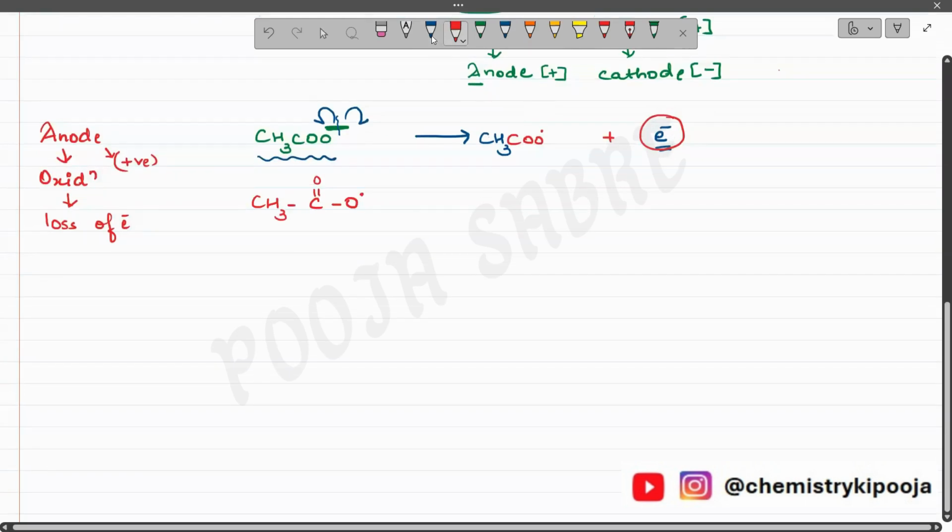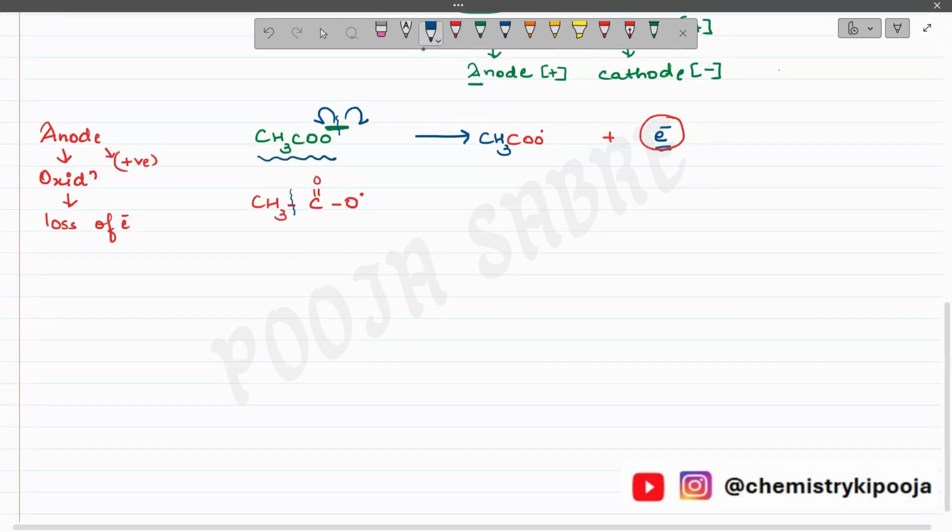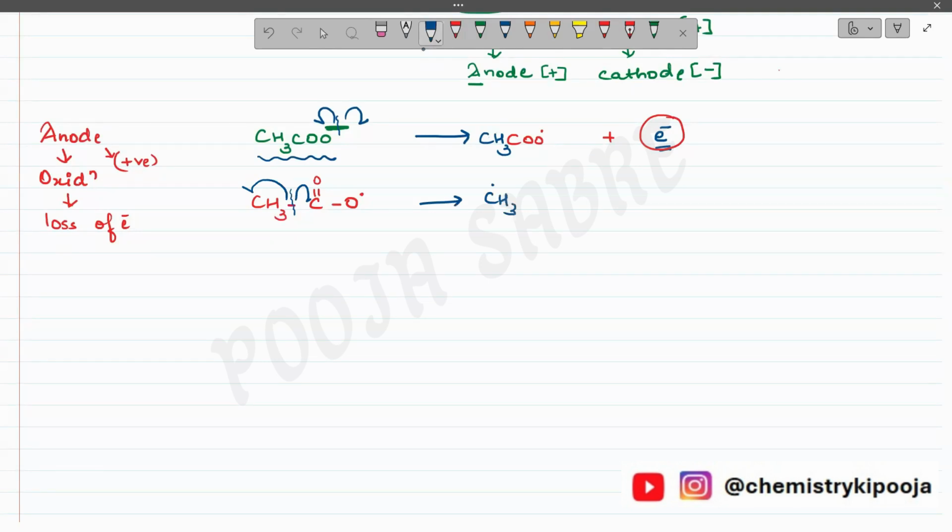Now, this particular compound, what is going to happen? There will be homolytic fission over here. I mean to say, one electron will be taken up by this carbon and the other electron will be taken up by this carbon. Now CH3 is going to form a free radical, plus this carbon and oxygen.